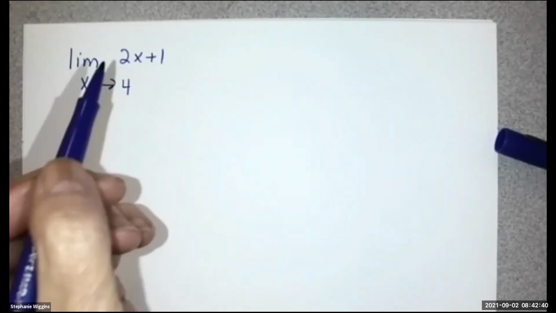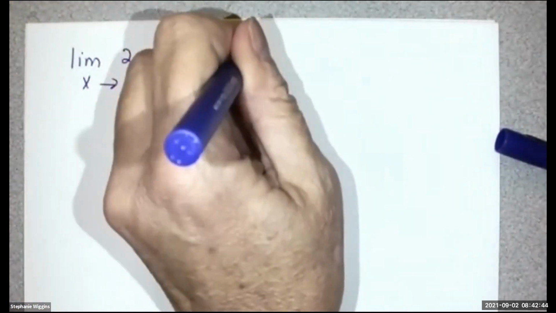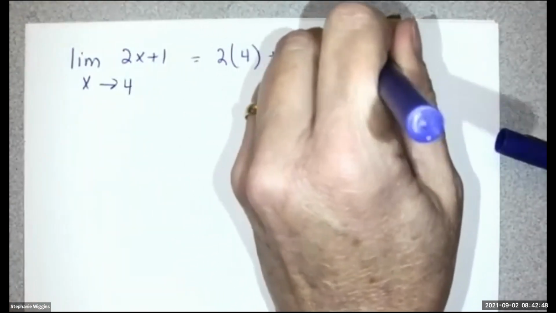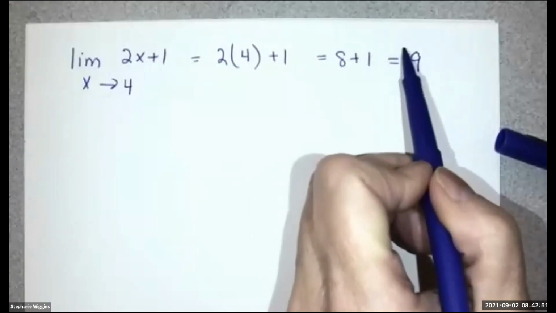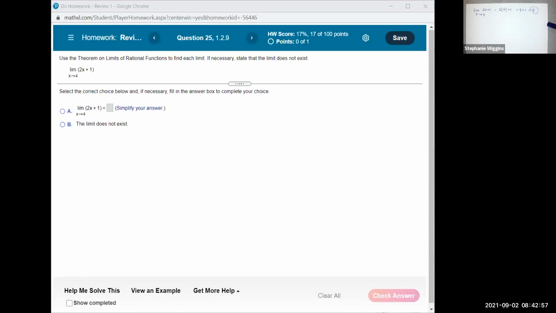This is just a linear function. You just plug in 4 and you get 2 times 4 plus 1, 8 plus 1 equals 9. So the limit is 9. Okay. That's not so interesting. That's an easy one. There is probably at least one easy one like that on the test.